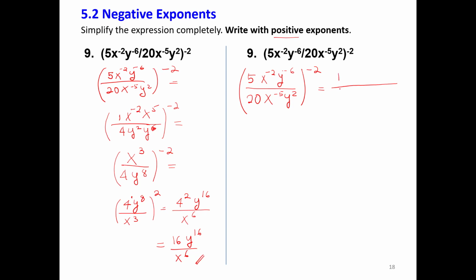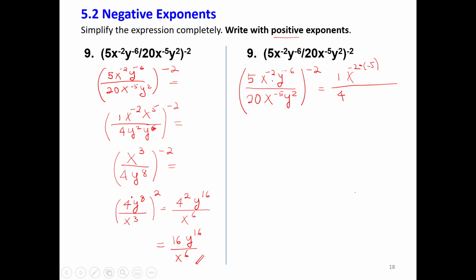It's 1 over 4. But in this case, we will apply the quotient rule. Then what we had is x to the minus 2. We had the same base, then the exponents we had on top minus the exponents we had in the denominator.